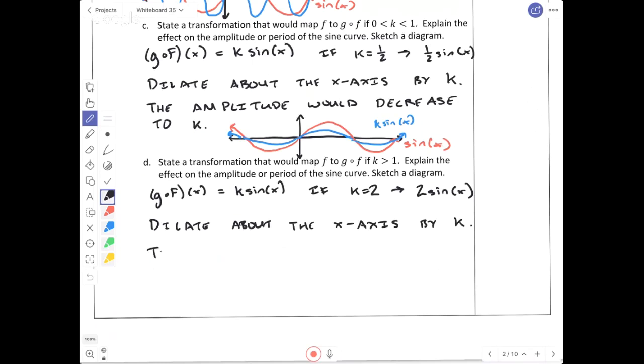And the amplitude would increase. Also 2k.